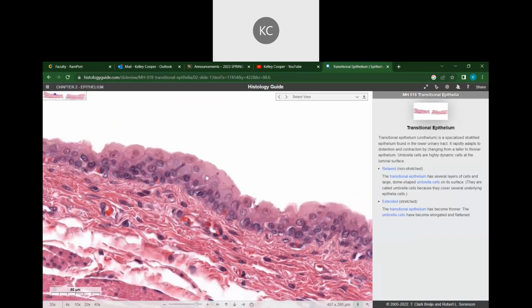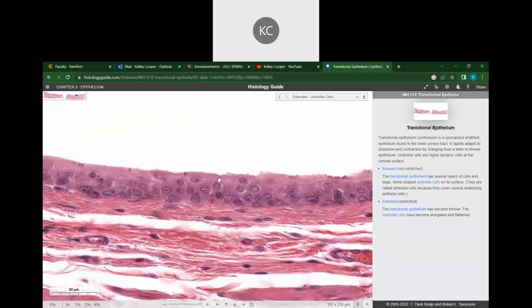So in this case, the bladder would be empty or would not have as much urine in it as the previous ones, right? So here you can see the dome shape of the umbrella cells. They're very round and dome shaped. In this example, the umbrella cells have become flattened out. They're not quite squamous, but they're just less round, less dome shaped than when you have a relaxed bladder, okay?